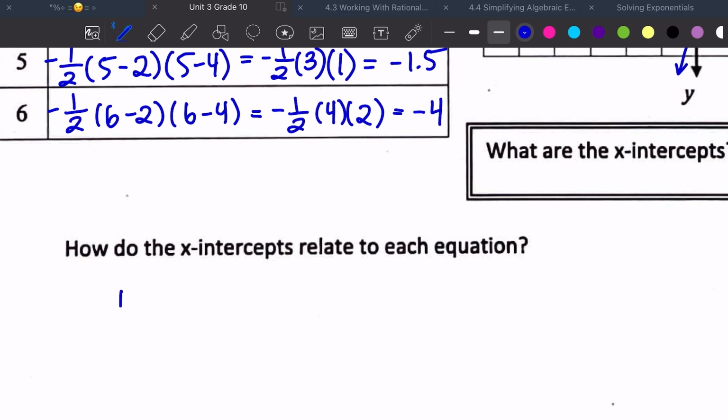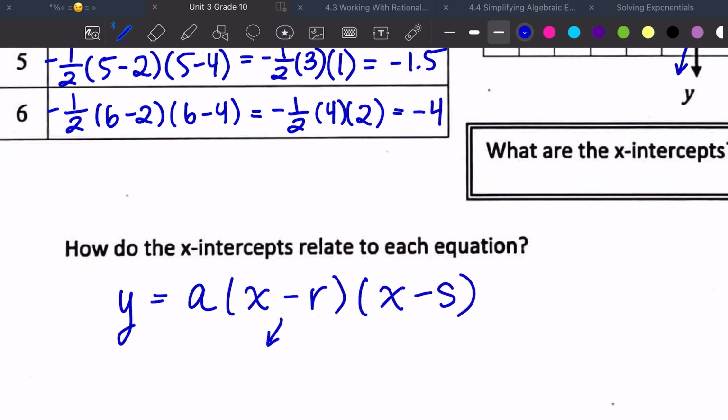So it's like saying that if we've got x minus r, or I'll even put the a in front because we have an a value sometimes, it's the opposite. So for example, this bracket at 0, we're going to say that x is just equal to r.